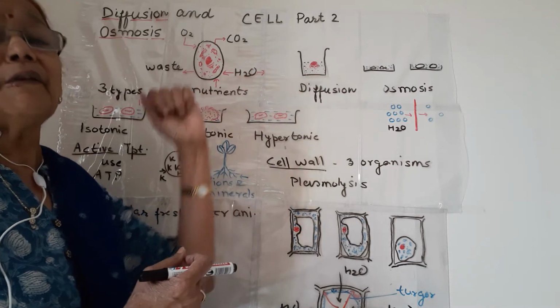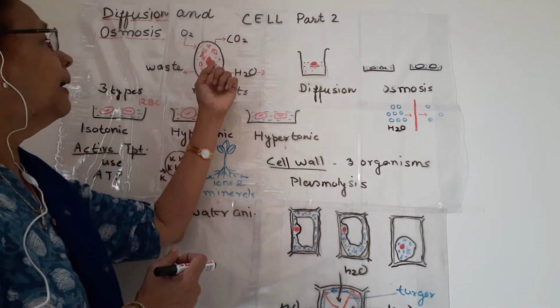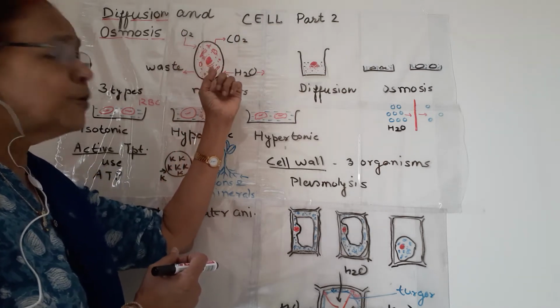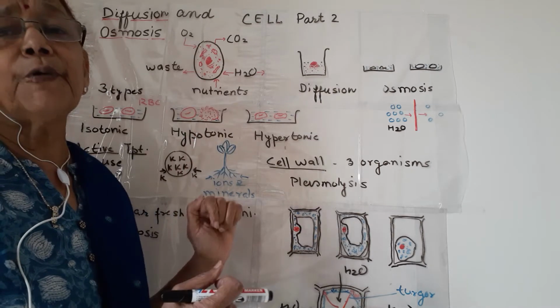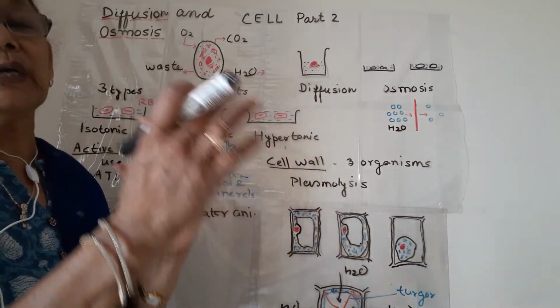So this is diffusion. Likewise, oxygen is more outside and it is less inside. So oxygen will diffuse inside the cell from higher concentration towards lower concentration.